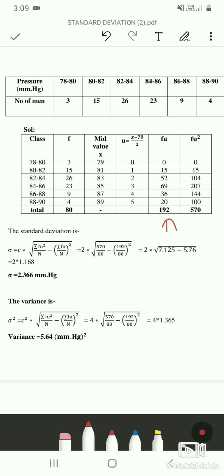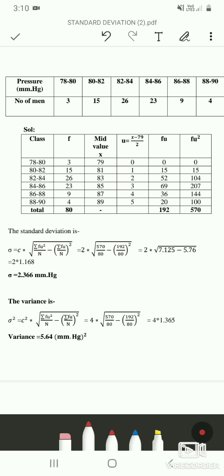For example, for this value u square is 5 square, which is 25. So 25 into 4 is nothing but 100. So we have got fu square. Five 4s are 20, which is your fu. This is how you have to calculate for all the values. You can do it manually.